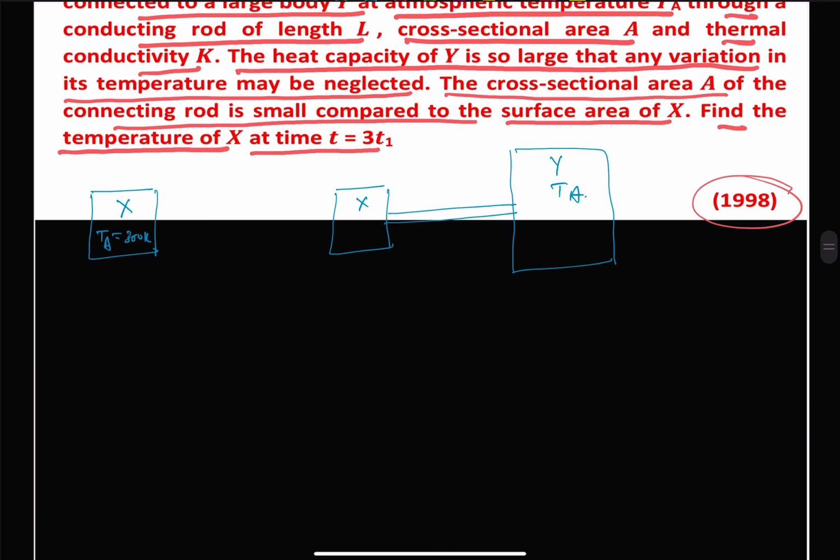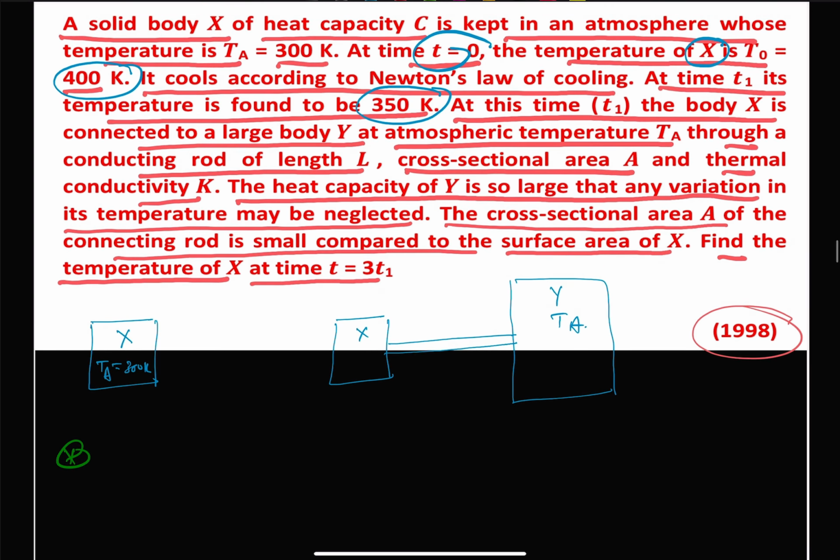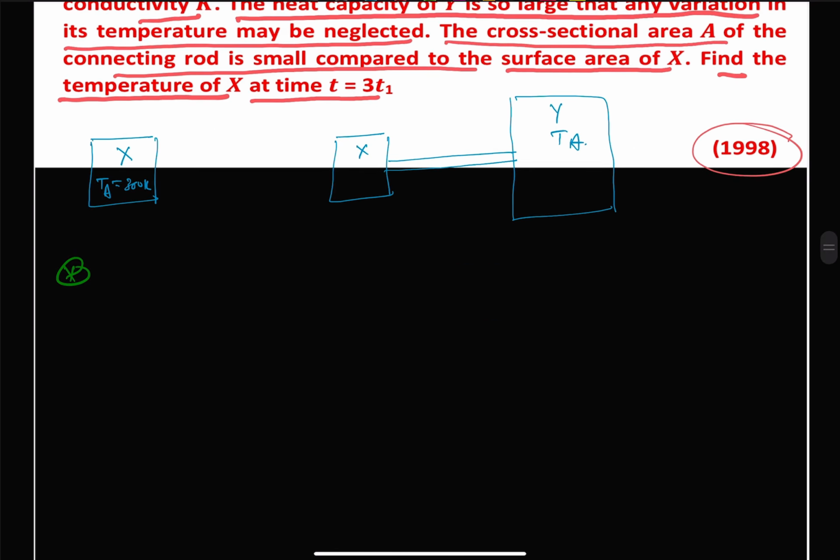Let's start from time T is equal to 0 to time T is equal to T1. Okay.